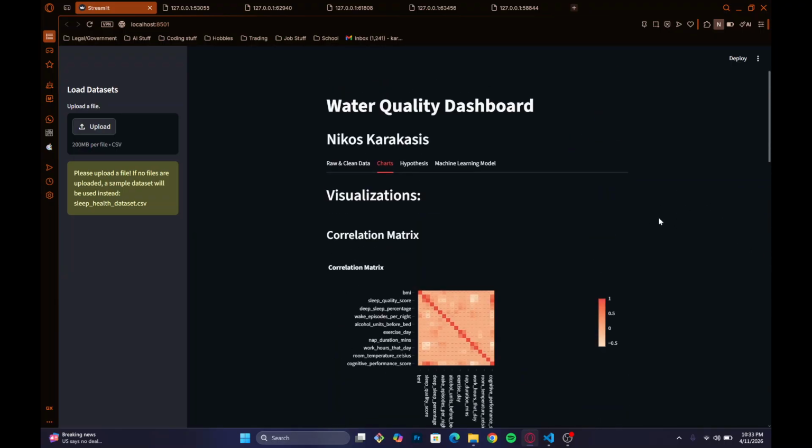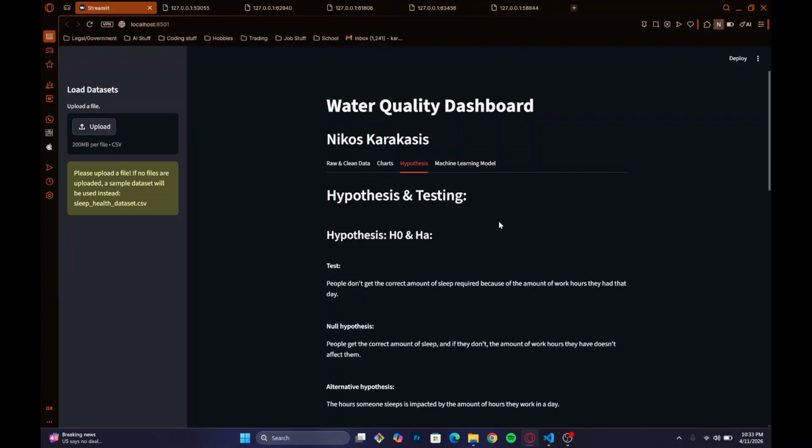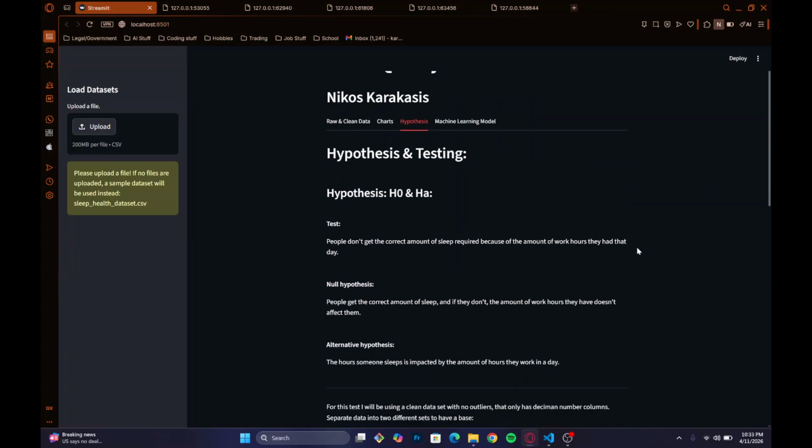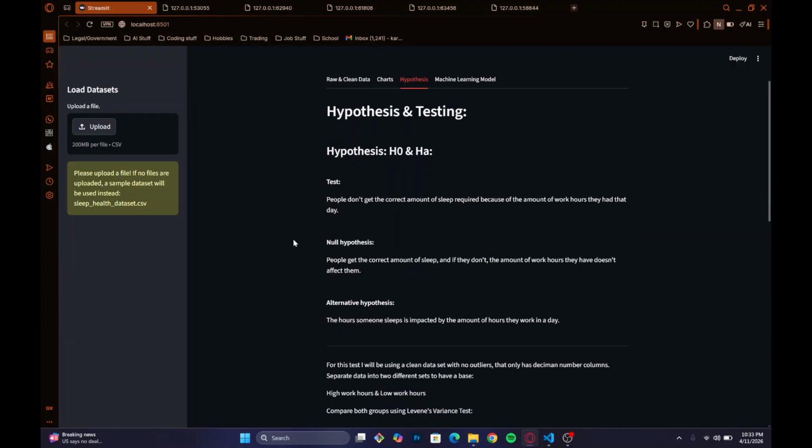Now, with all this information, I decided to go even deeper into the sleep hours versus work hours thought I had. So I did a hypothesis and I tested it. My hypothesis was, or the main question I had was, people don't get the correct amount of sleep required because of the amount of work hours that they had that day.